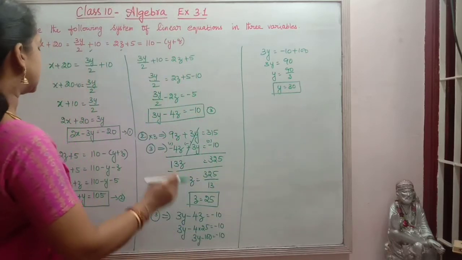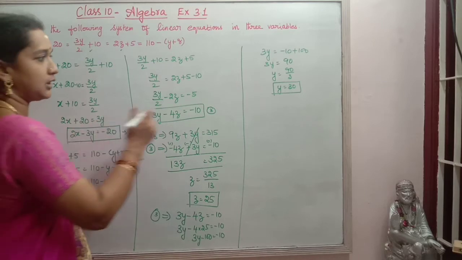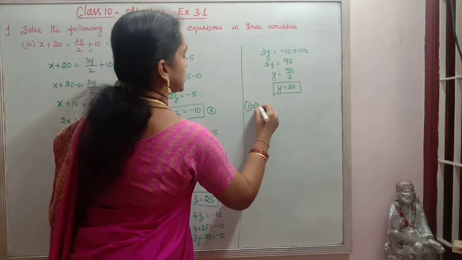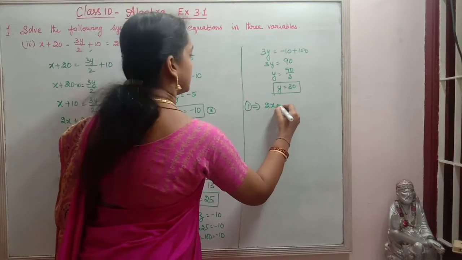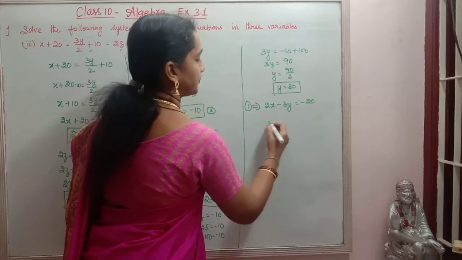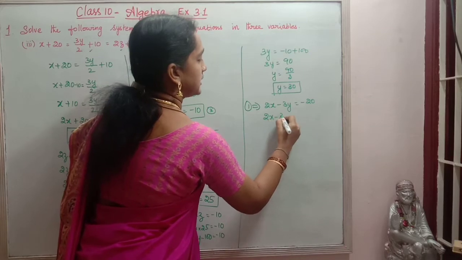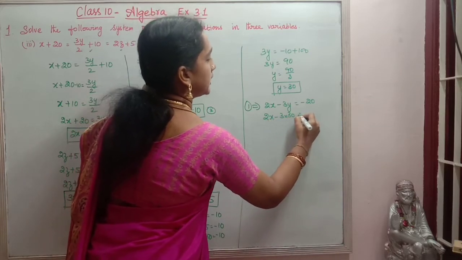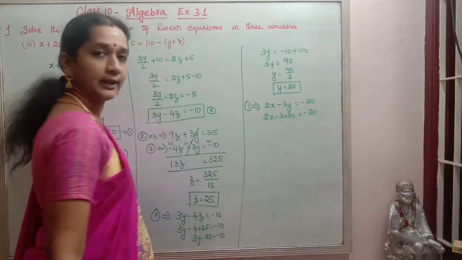Okay. Now I will substitute this y value in the first equation. The first equation is 2x minus 3y is equal to minus 20. So 2x minus 3 into 30 is equal to minus 20.